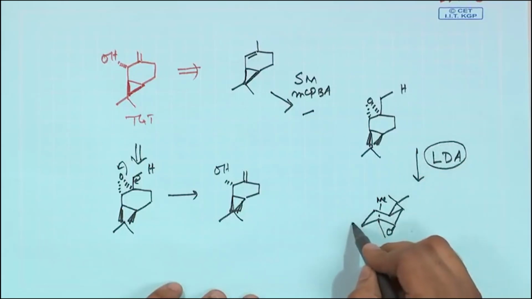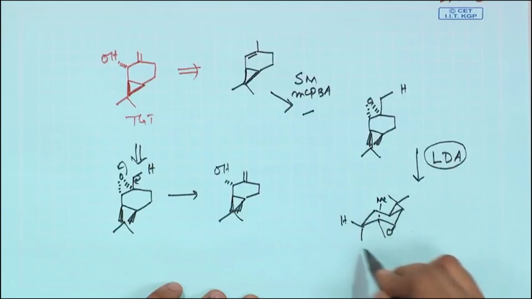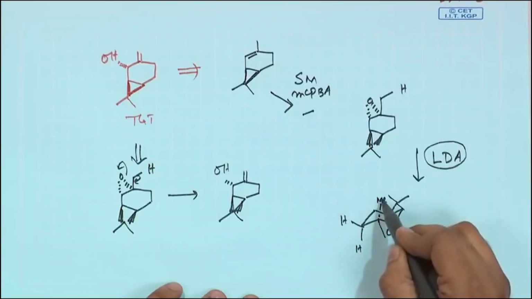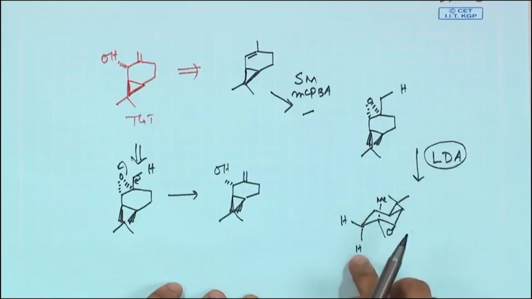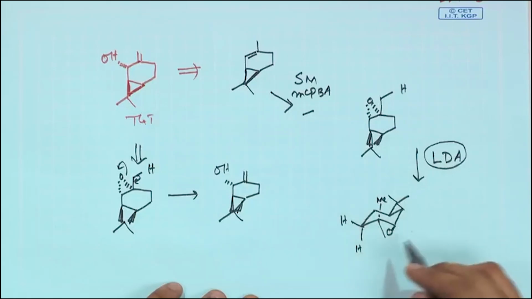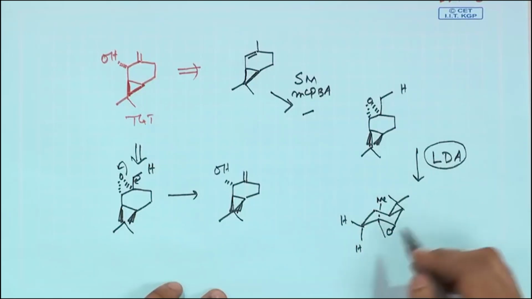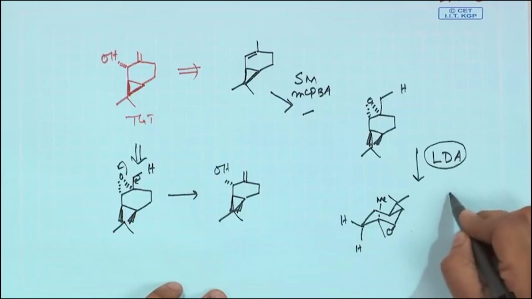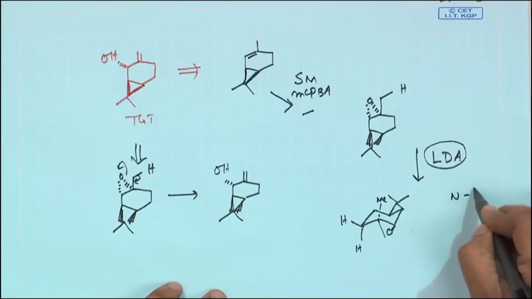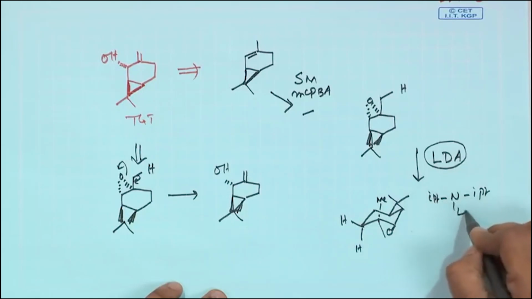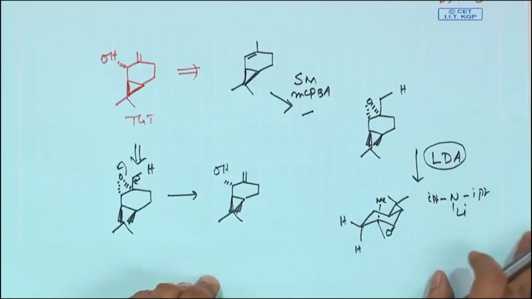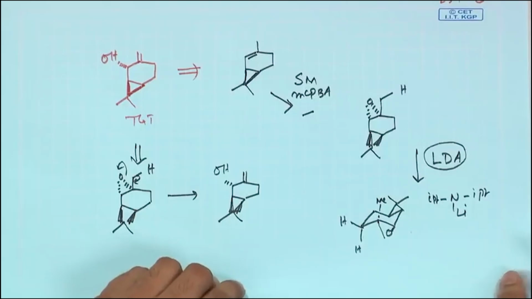LDA can also abstract a hydrogen from here, because this CH2 might be abstracted, and this hydrogen also can be abstracted. LDA is N-isopropyl lithium. This is the real base.